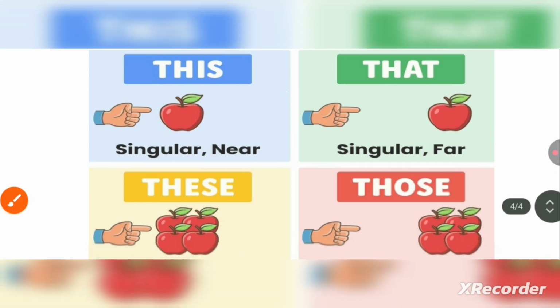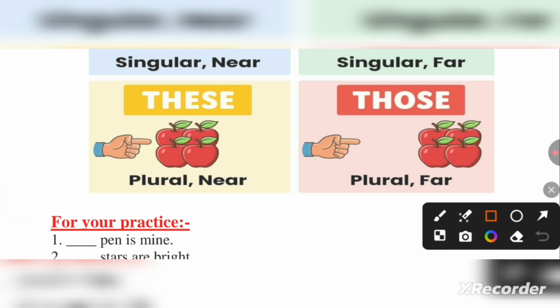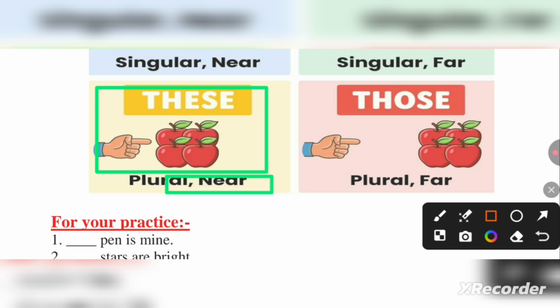Now we can see over here the difference between these and those, where we have to use demonstrative determiner these and where we have to use demonstrative determiner those. We must see the difference. Here apples are again more than one and it shows the nearness to the speaker.